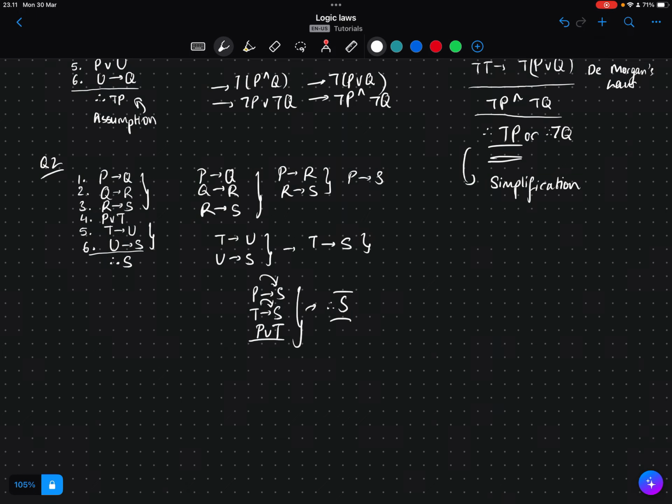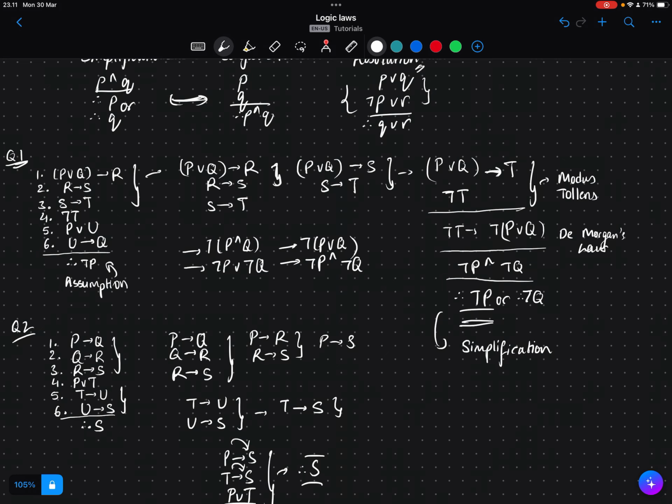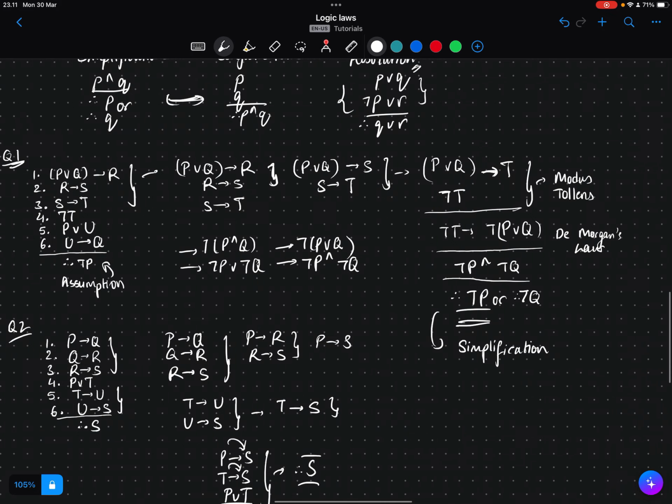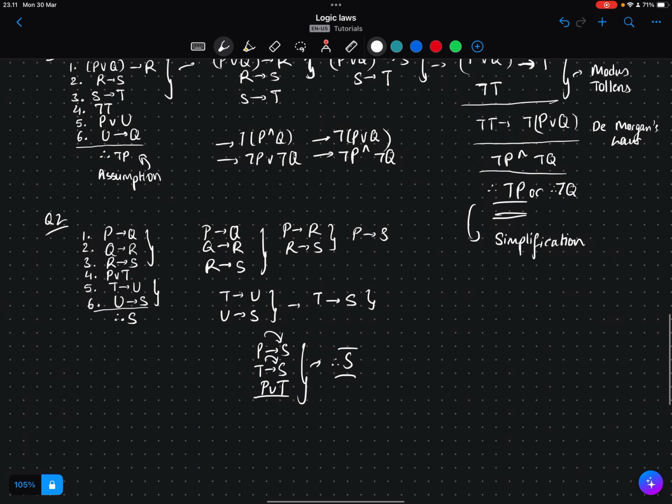I'll look up the disjunction rule just to show it to you. Okay, disjunction introduction. It basically states P or Q: if at least one of them is known to be true, then that is true. So you can just write that in simple English and you can get S as your assumption. You can just state disjunction.